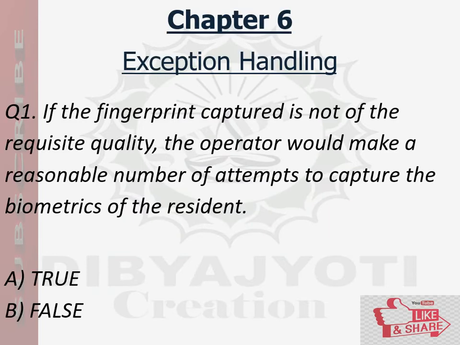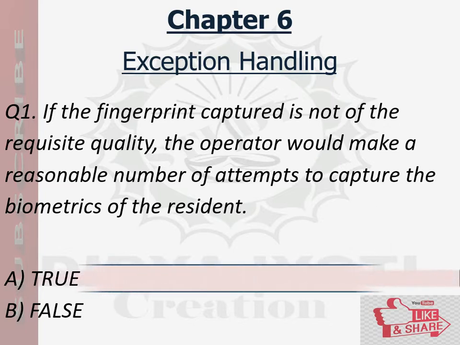Chapter 6, Exception Handling. If the fingerprint captured is not of the requisite quality, the operator would make a reasonable number of attempts to capture the biometric of the resident. True or false? And the answer is option A, true.